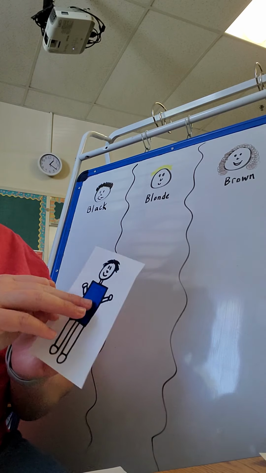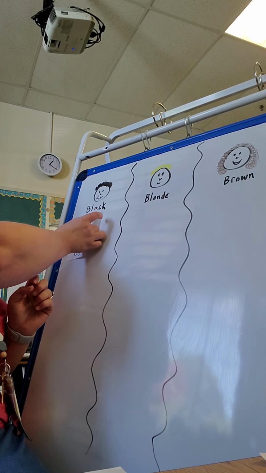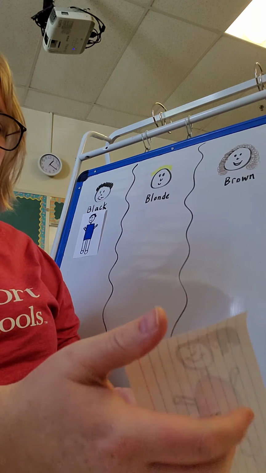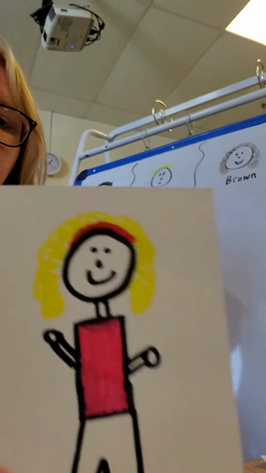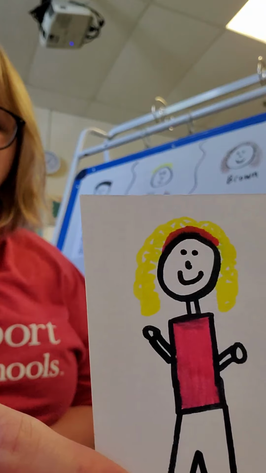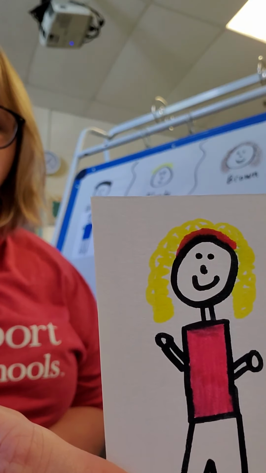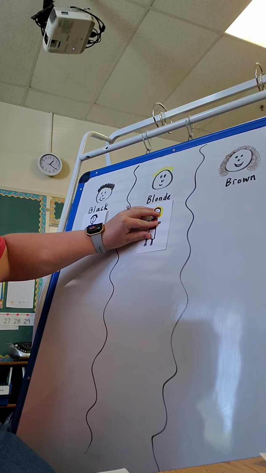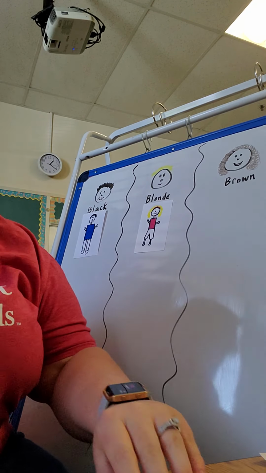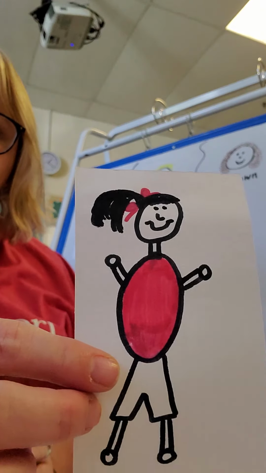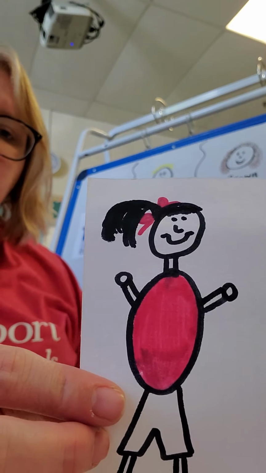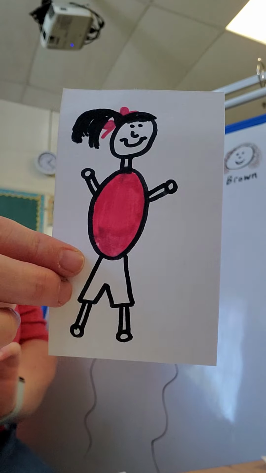He has black hair, so he's going to go right there. All right, ready for the next one? She's blonde. Her right there. Okay, the next one. In a ponytail, she has a pretty pink bow in her hair, and she has black hair.